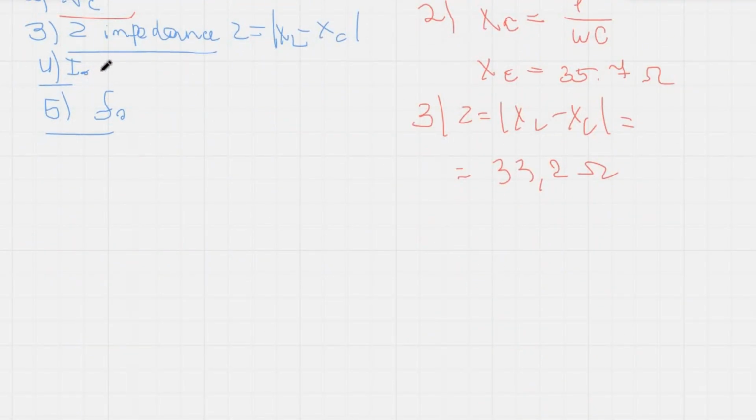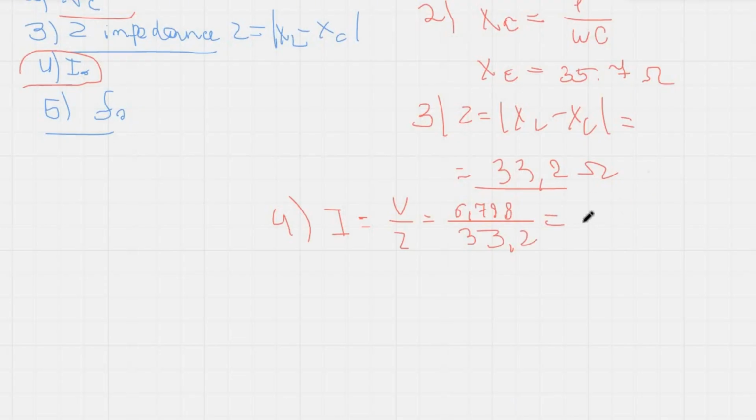We just find the current by Ohm's law. Ohm's law says that we can find the current by dividing the voltage by the impedance. So our voltage is given. It is 6.788 divided by this number, 33.2.